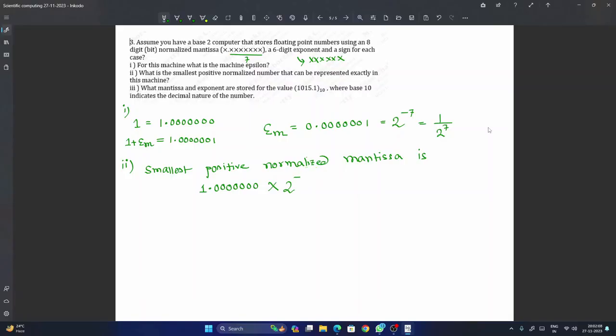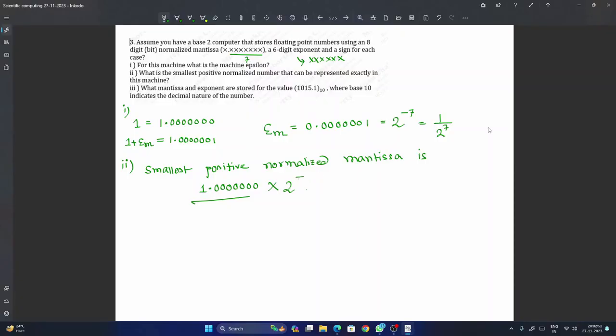Because if you take 2 to the power 0, you will get 1, and that is bigger than 2 to the power minus 128, which means 1 divided by 2 to the power 128.